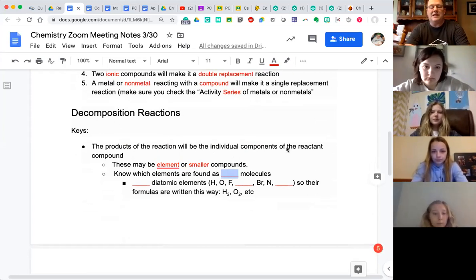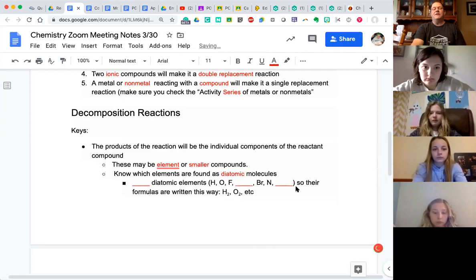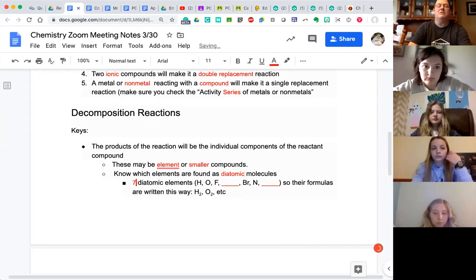Now, when we break things down into elements, some elements can stand by themselves, but some elements are only found as diatomic molecules. And there are 7 diatomic molecules. Like H, if you read ahead, we never see by itself.